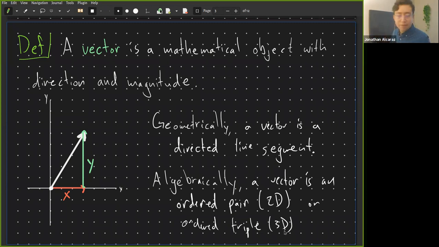So you have an ordered pair or an ordered triple. Okay. And so for example, this white vector here is the vector <x, y>, and notice I'm putting these angle brackets here. I'll talk a little bit more about that notation in just a second. But basically, there are these two things happening. There's the geometry, which is the pictures that we draw about vectors. And then there's the algebra, which is the notation we use, using numbers and different symbols like that.